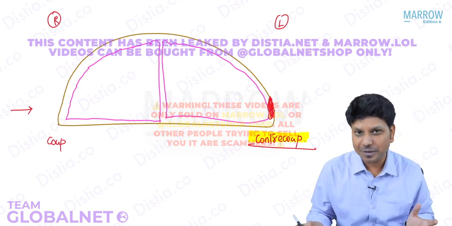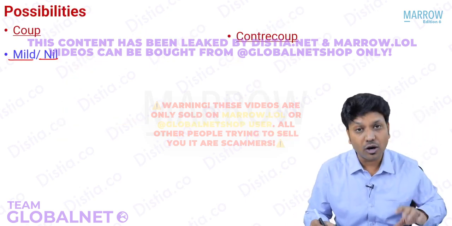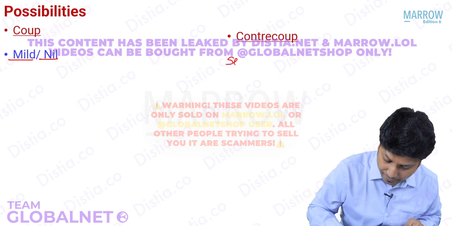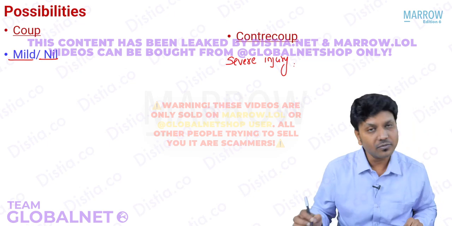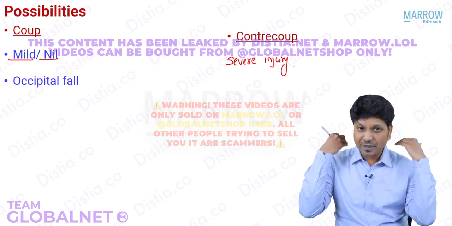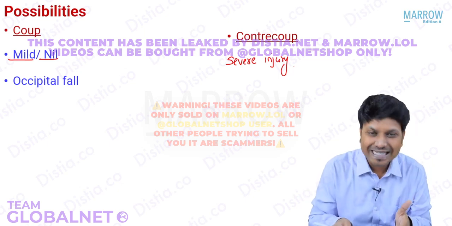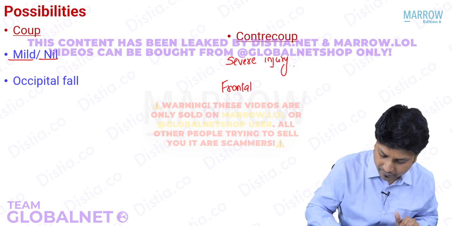That is another possibility. You may get mild or no injury at the coup side, but you may find very severe injury at the contracoup side. When there is an occipital impact, as I just told you, the frontal lobes will be contused.